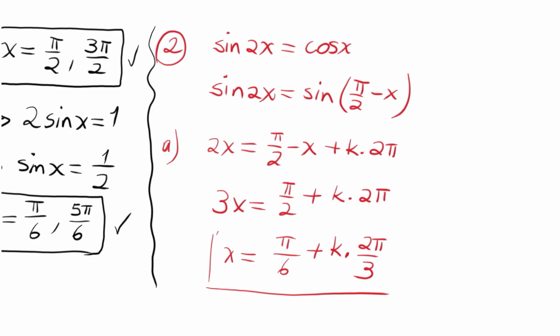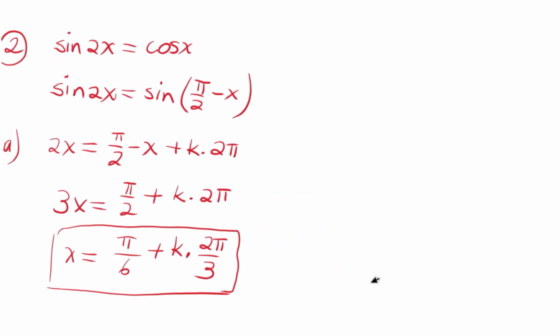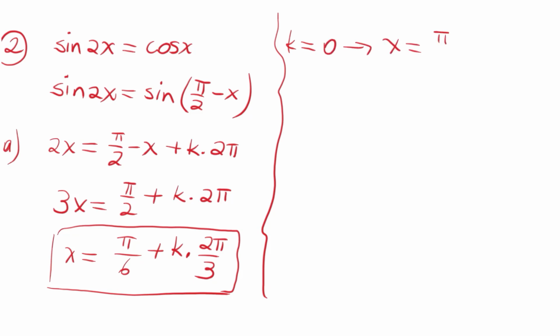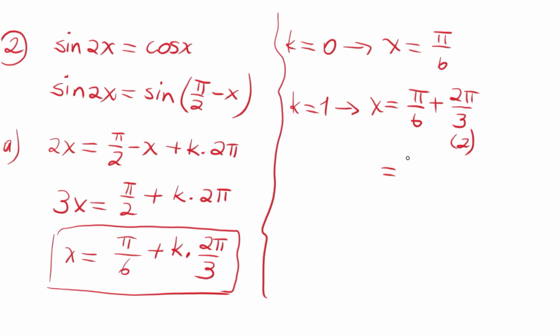This is the general result. Now, giving values to k, we will find our results. K can be 0, then x is pi over 6. K can be 1, then x is pi over 6 plus 2 pi over 3, which is 4 plus 1, 5 pi over 6.